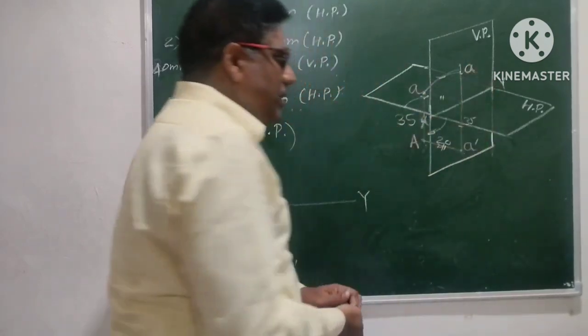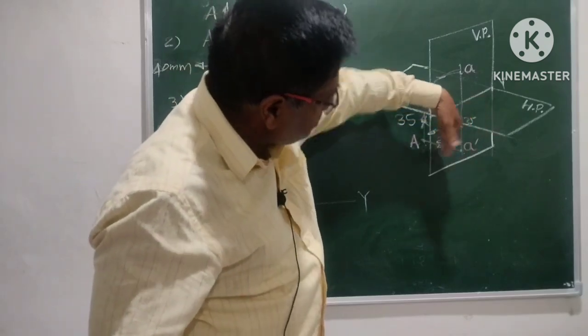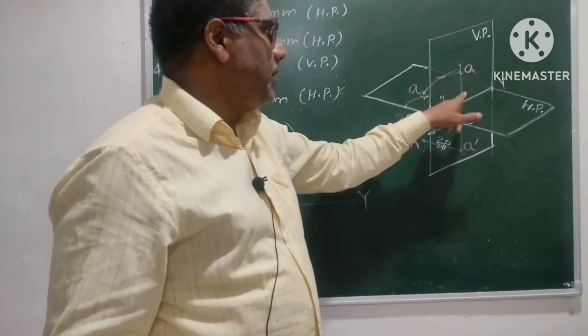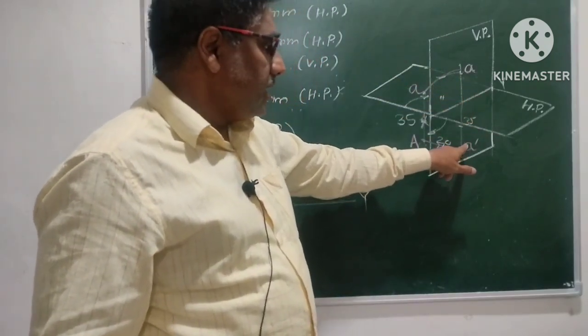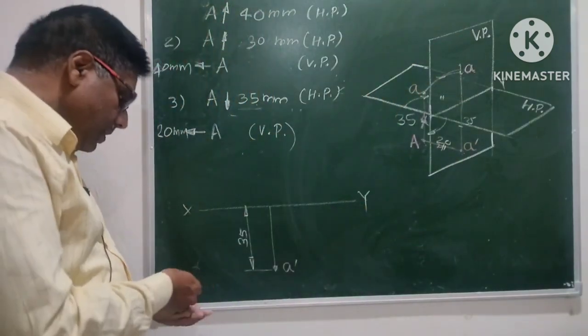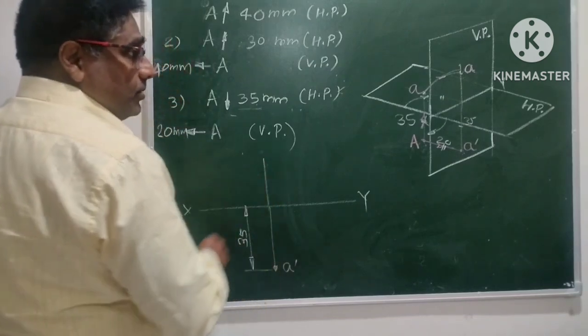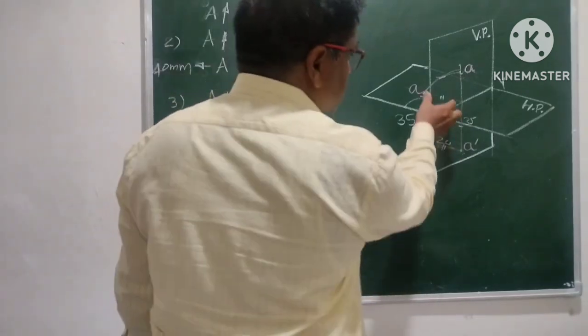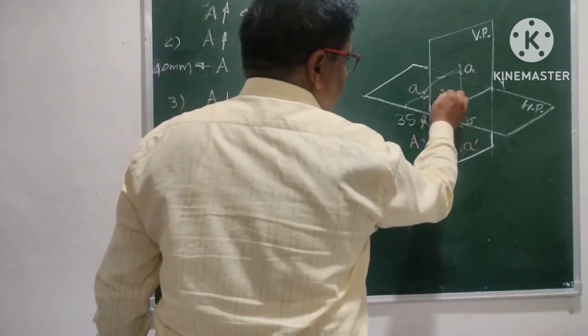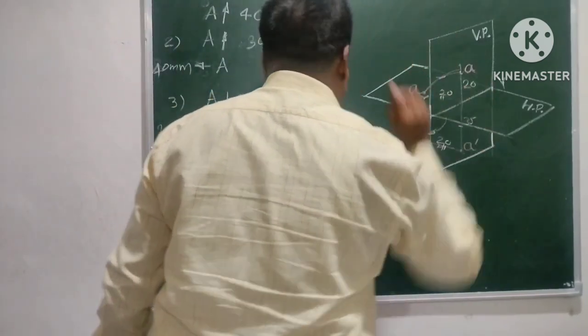As we have rotated this through 90 degrees, this part will go down and this part will come up, such that A dash and A will lie on the same vertical line. Where are we getting it now? See, what is this distance? 20, because it is 20 mm behind VP.